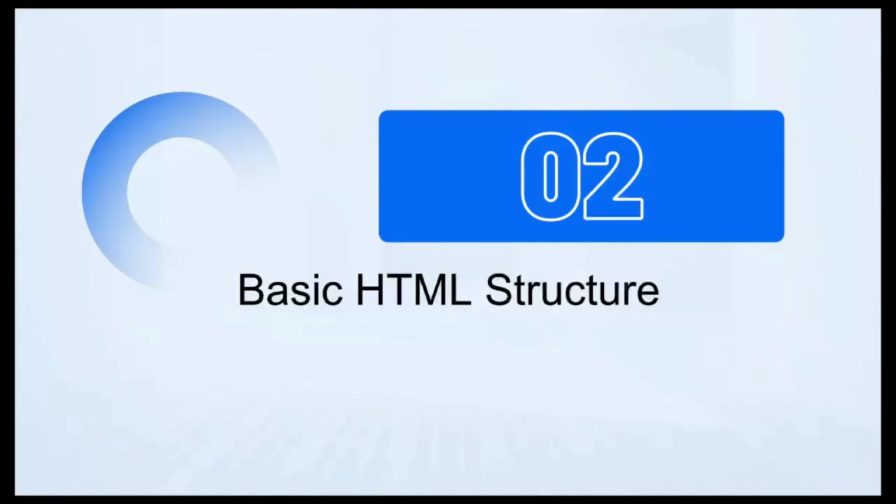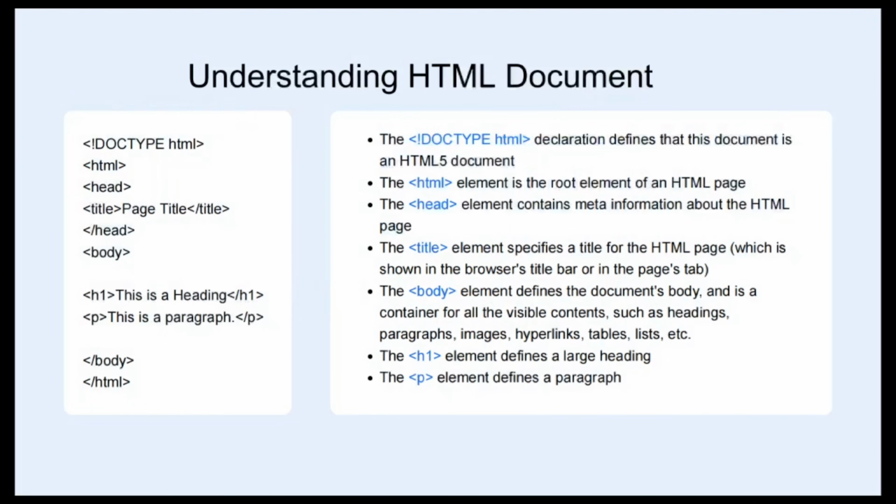Let's move to the second topic, basic HTML structure, in which we use the doctype as the first element of the HTML. It tells the browser we are using HTML5. Then the html tag is the root element of the HTML page, and then we use the head, which stores the meta information that helps with SEO, and the title.